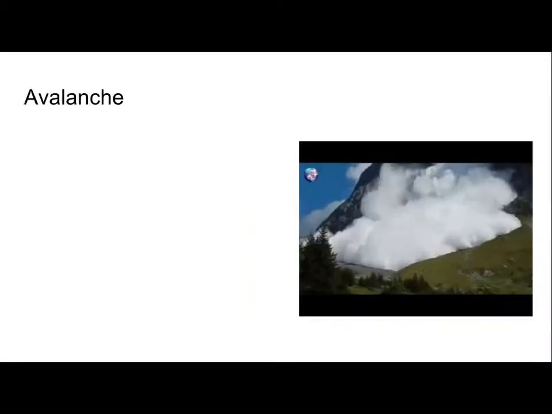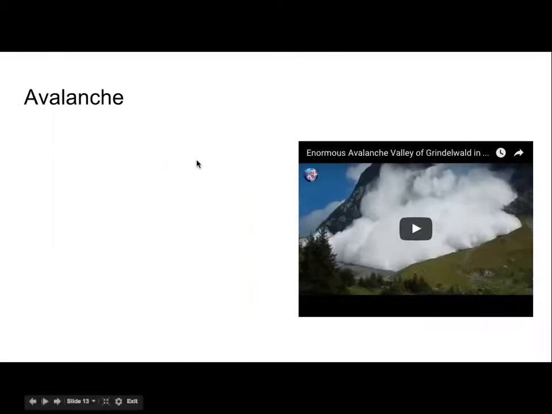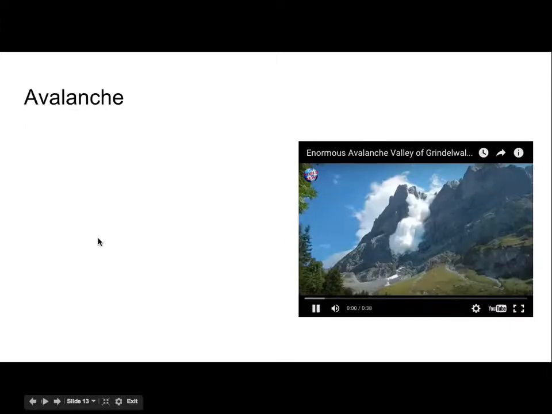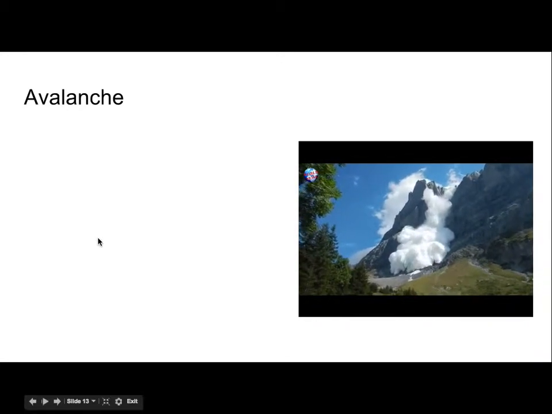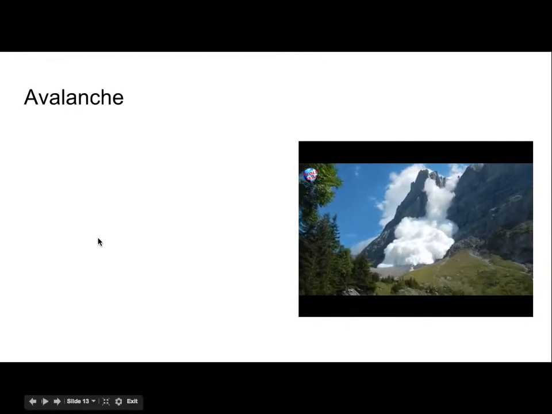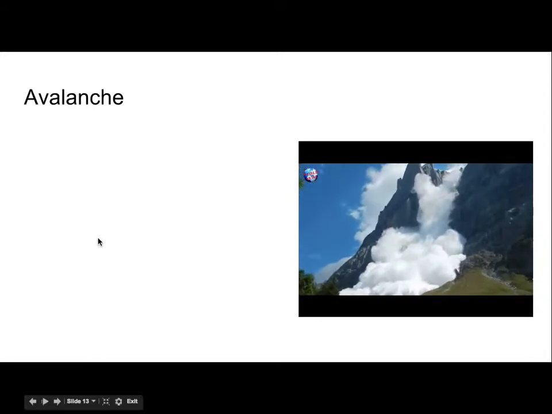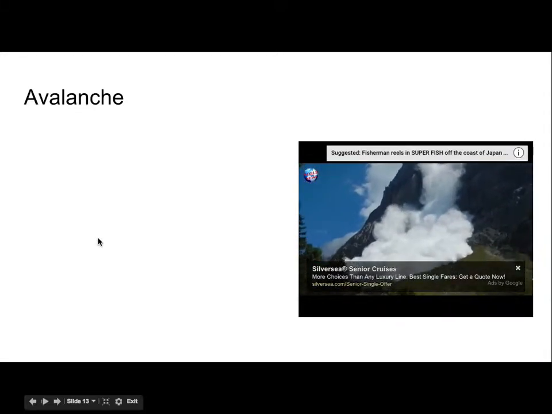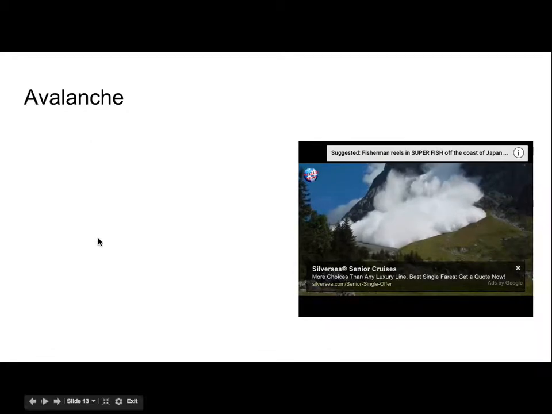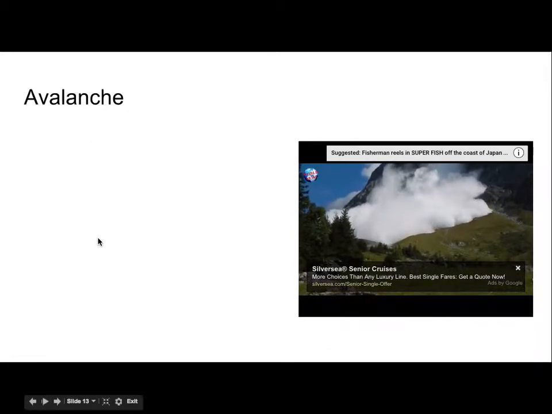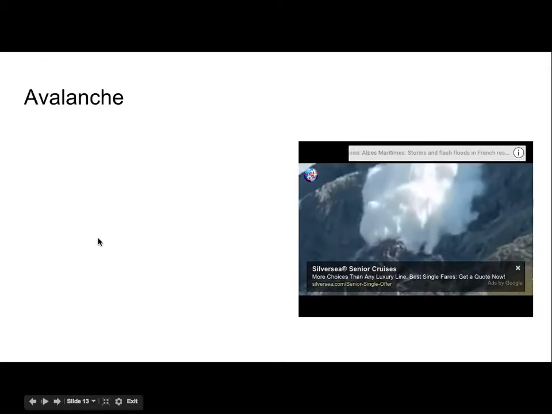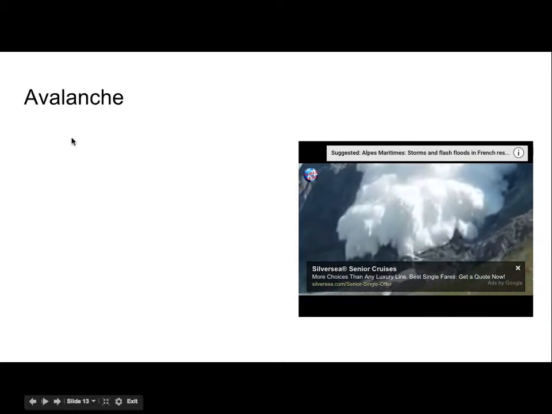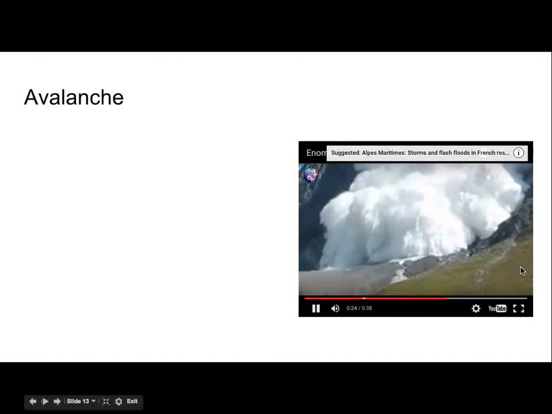The next one, you've heard of this term, avalanche. Just like this video here, this is a mass ice or snowfall. It can happen on the rocks too, but that would be called something else, and we'll talk about that in just a moment.